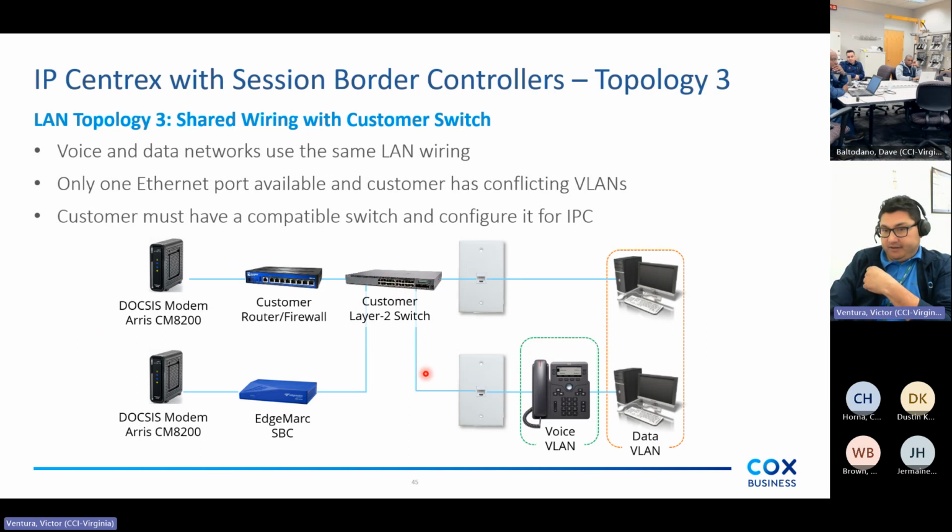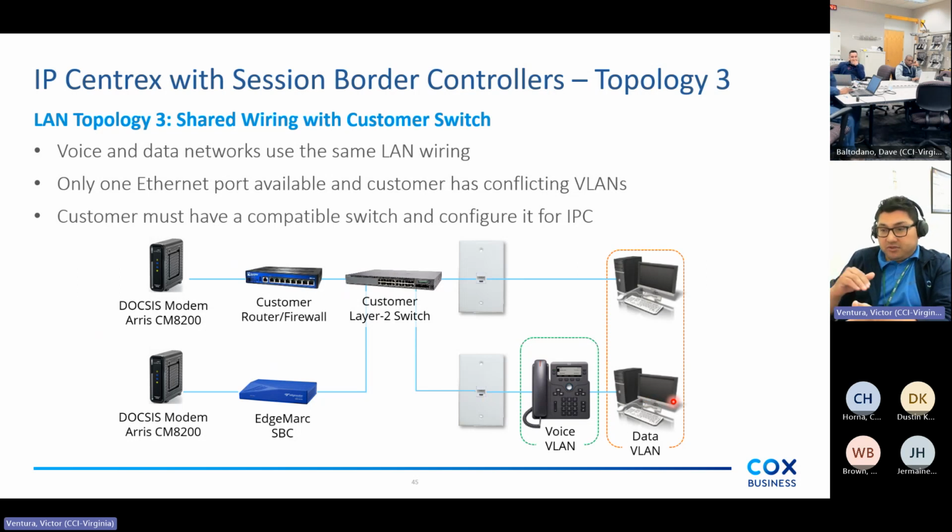Cox does not provide switches. So the customer's IT is the one that configures the VLANs on their switch, and is really just passing our voice and management traffic through their switch. Their switch is providing PoE to the phone. We connect the phone to the jack, and then the customer can actually connect their own device for data.